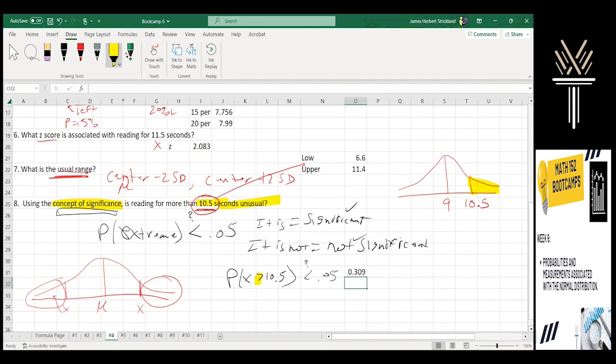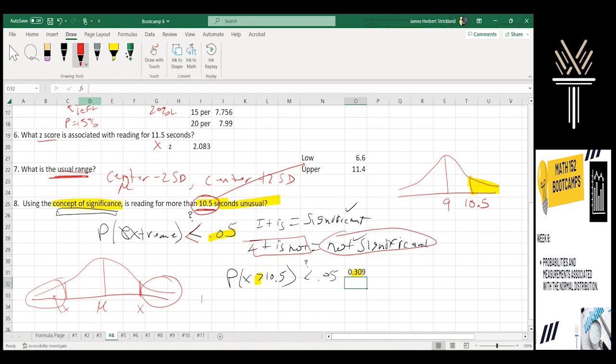Probability is 0.30, 0.30, right? You're comparing 2 decimals to 2 decimals. 0.30 is bigger than 0.05, so it's not true. It is not smaller. It's not less than. Therefore, it's not significant.